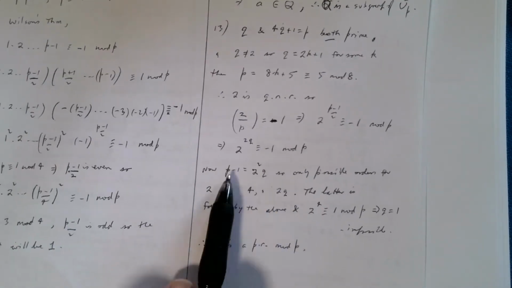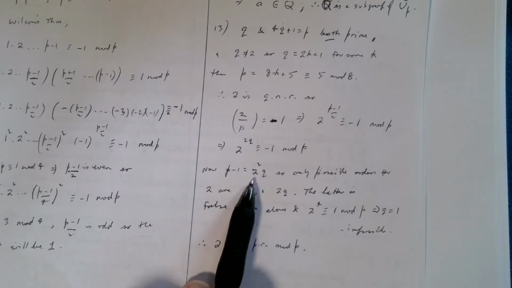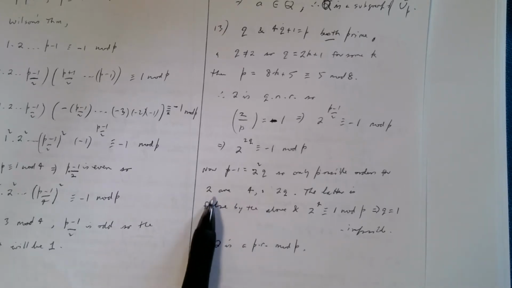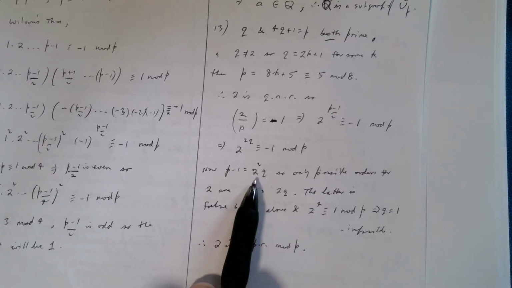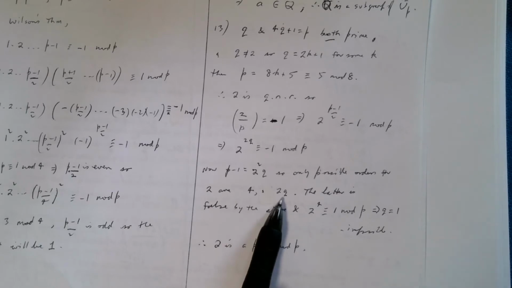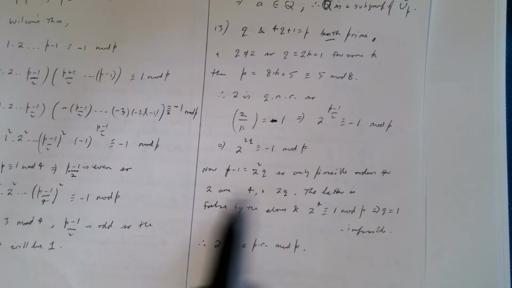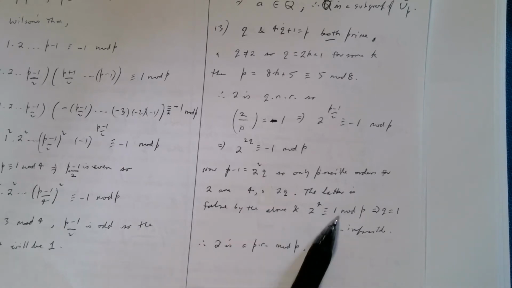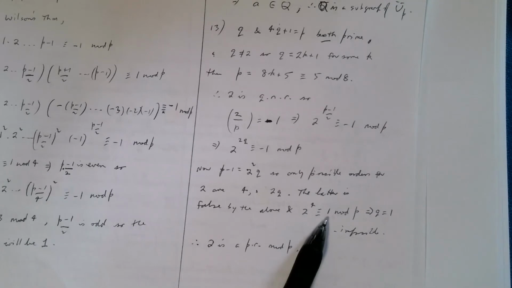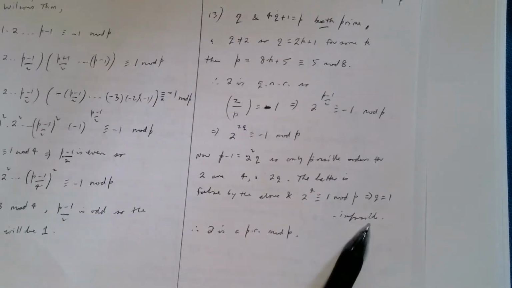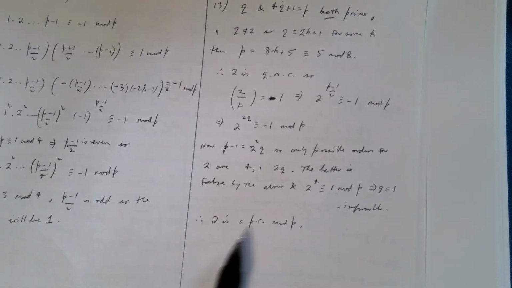You take your p minus 1 and you divide it by each of its prime factors, and you only need to check those powers of the given a that you're studying. So this divided by q would give me 4, this divided by 2 gives me 2q. We've just proven that 2 to the 2q is not 1, it's minus 1 mod p, and 2 to the 4th is 16. And if that were the case, that would give you q as 1, which is impossible. And so therefore 2 must be a primitive root modulo p.